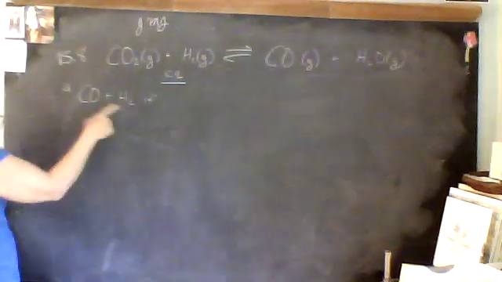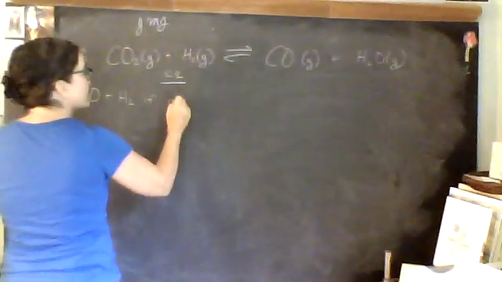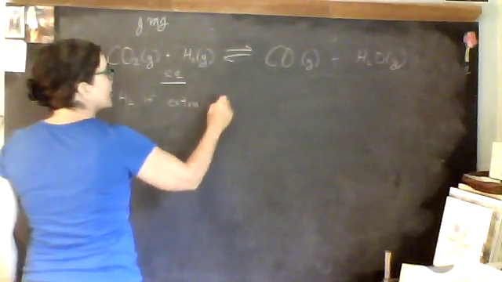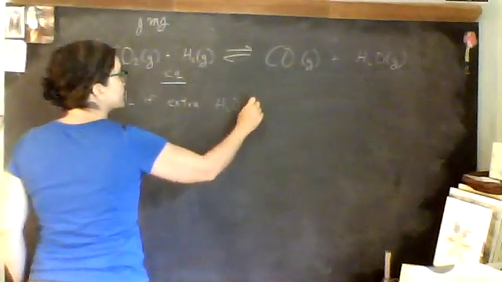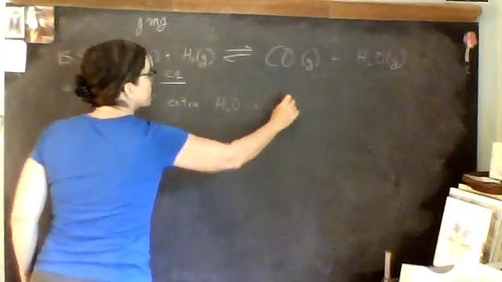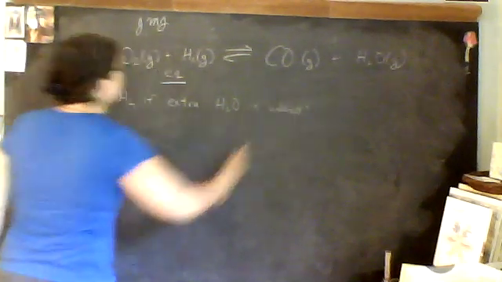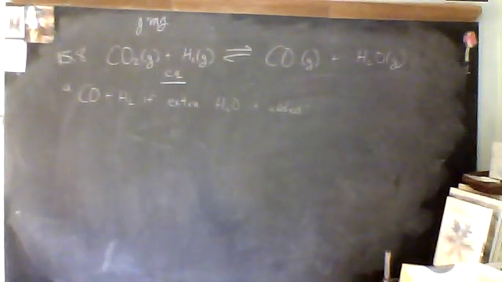Wait, the CO and the H2? Yeah, what will happen to their concentration if extra H2O is added to the system? Okay, so if extra H2O is added, that will shift things towards which side? The product side of the equation, right?